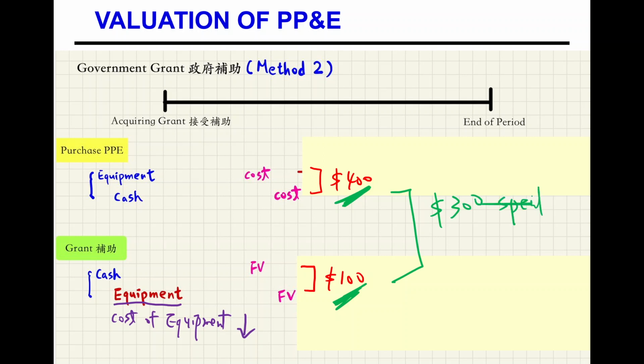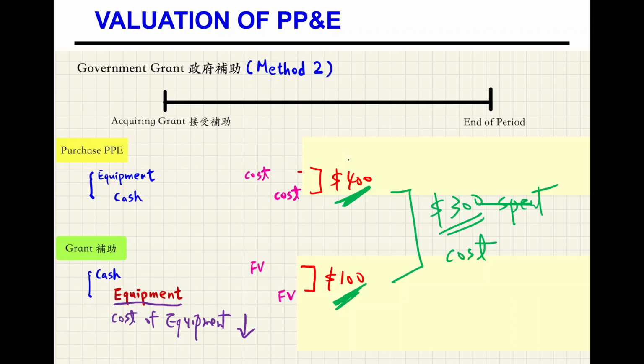So that's right. What's your cost? When you combine these two, the cost is only 300. So did you find out the cost you spent is only 300? So your cost decreased 100. Why? Because you got a grant from the government.